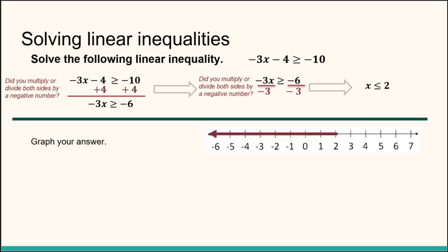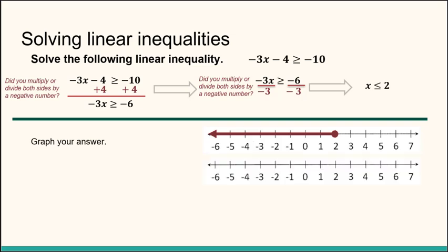I'll graph it. I'm going to draw a solid line from 2 to the left towards those numbers that are less than 2. This would have a solid dot because it includes that endpoint. Doing it with the bracket, I do the exact same thing, but this time I'll need a square bracket because that means it includes that endpoint.